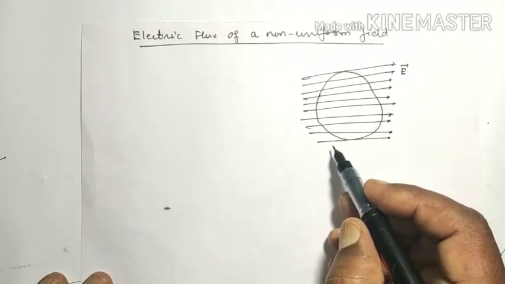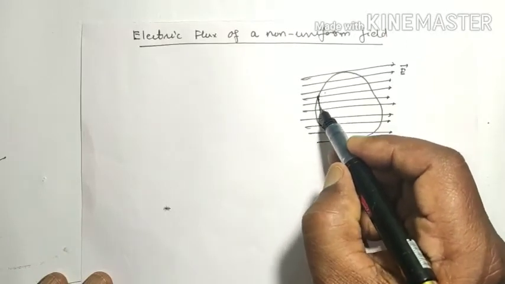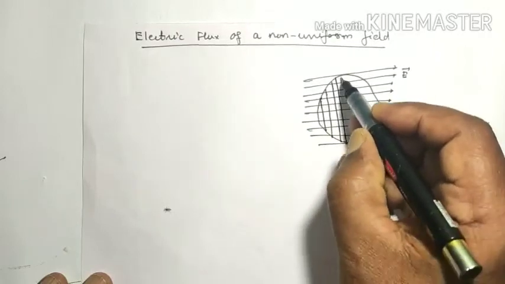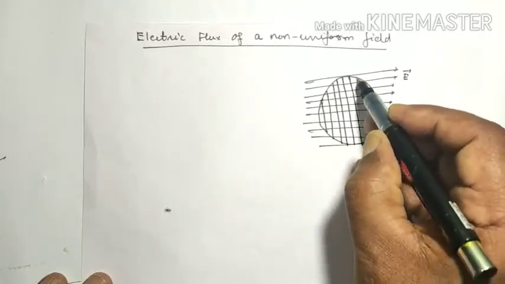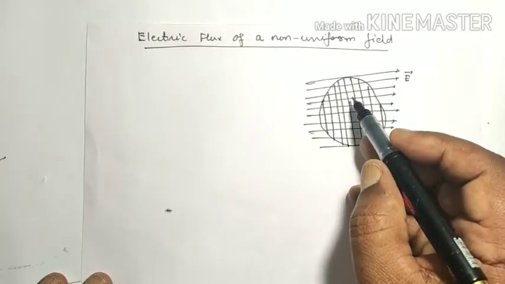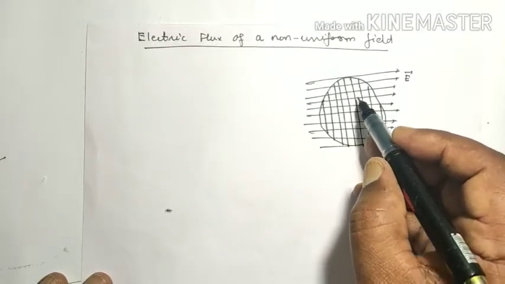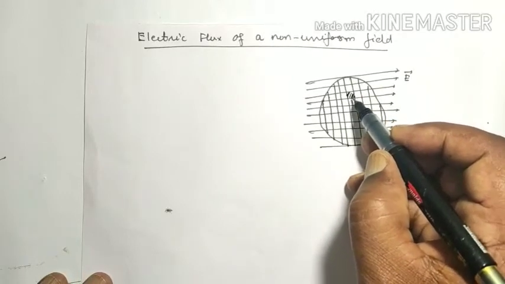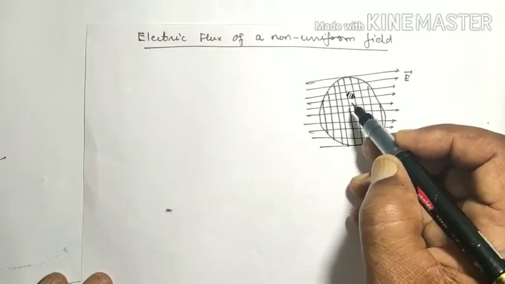Now we divide the surface into small squares. And each square is considered to be flat. The surface is flat. And area vector is normal to the area.